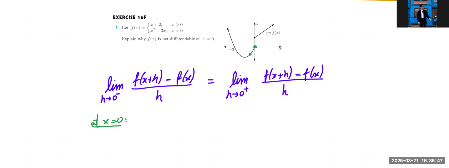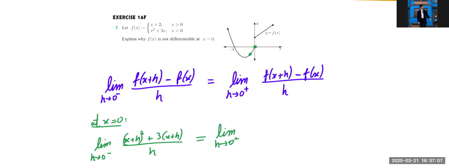So when I'm approaching from the left side, I need to use the left side part of the function, which would mean that my limit turns into this: f of x plus h would be (x plus h) squared plus 3 times (x plus h), over h. On the right side, since I'm approaching h from the right side, I will use the right side function, x plus 2, which is going to be (x plus h plus 2) minus (x plus 2).